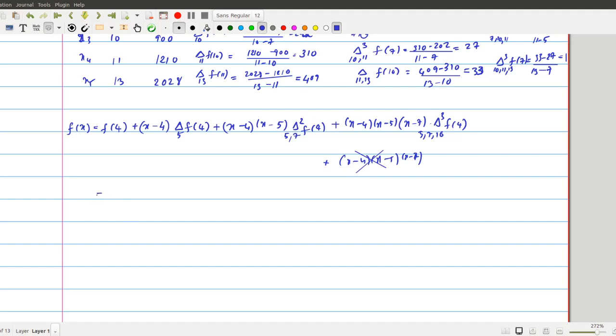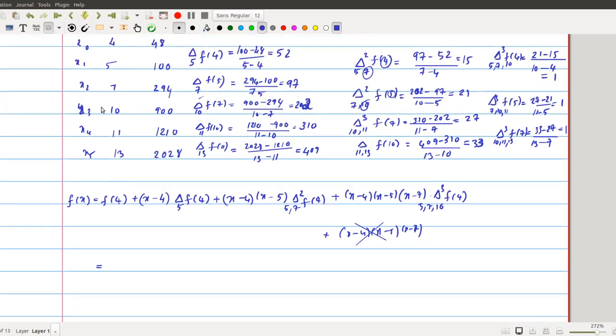So what is f of 4? From this table, f of 4 is equal to 48, so we have 48 here, plus, x minus 4, so we need to evaluate f of 8 first, that is 48 plus 8 minus 4 times delta 5 f of 4. What is delta 5 f of 4? That is 52.